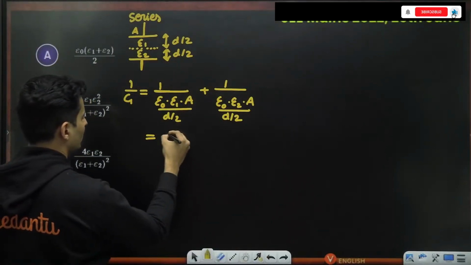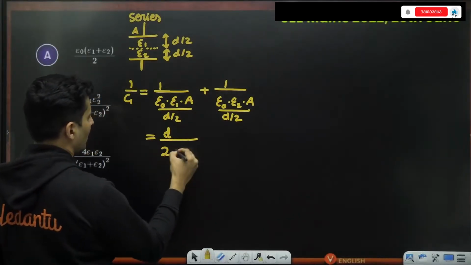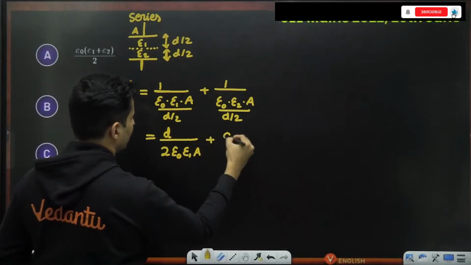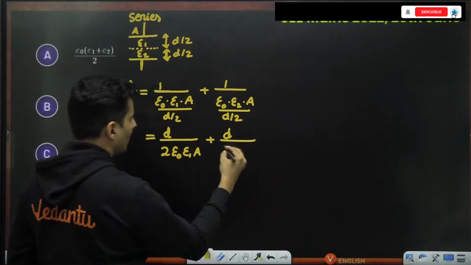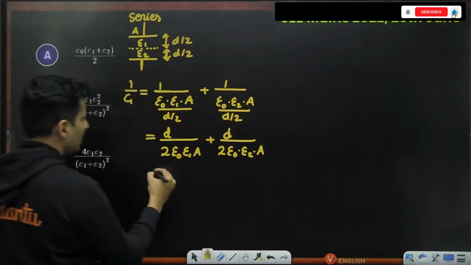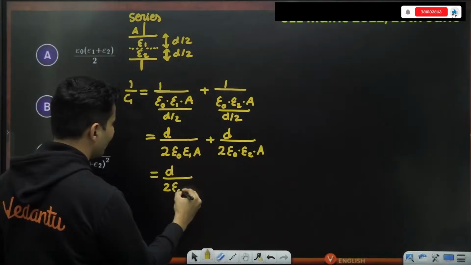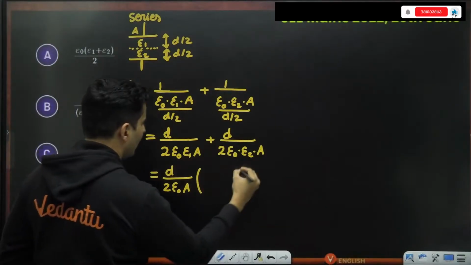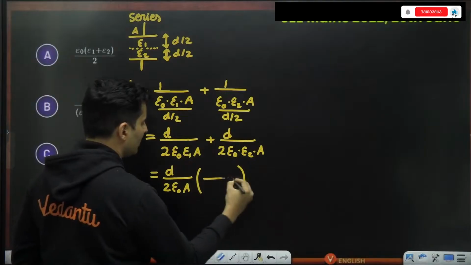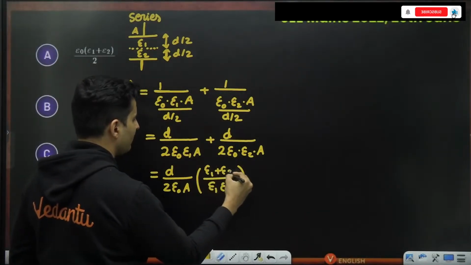So this will be D on the top, 2 below, epsilon naught epsilon 1 A, plus D on the top and 2 here, epsilon 2 and A. Taking a couple of things common like D, 2, epsilon naught and A, I am just left with 1 by epsilon 1 plus 1 by epsilon 2, which is nothing but epsilon 1 plus epsilon 2 by epsilon 1 epsilon 2.